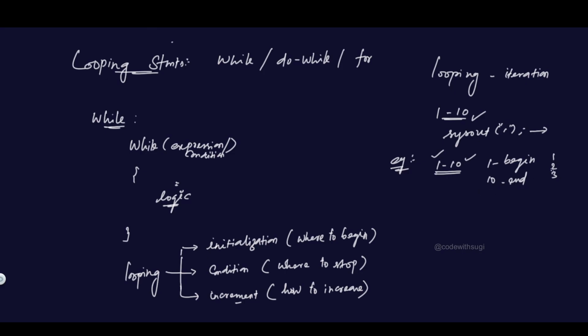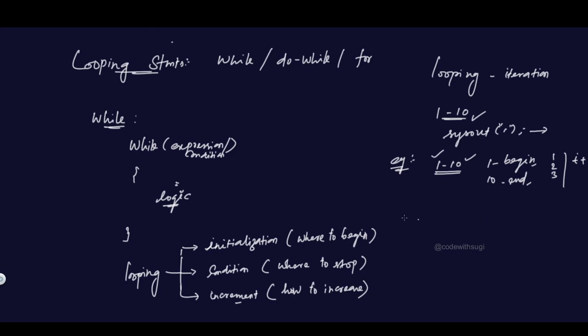We know the begin and the end, which means we have identified the initialization and the increment. Obviously this value needs to be increased by 1. For that we have operators like pre-increment, post-increment, pre-decrement and post-decrement. Those four kinds of operators we have, and we're going to use any one of them.